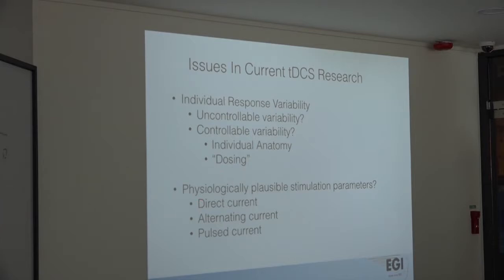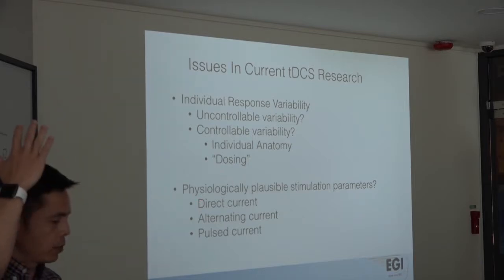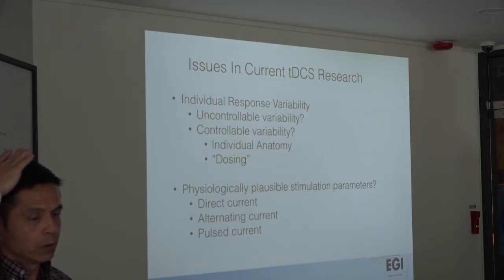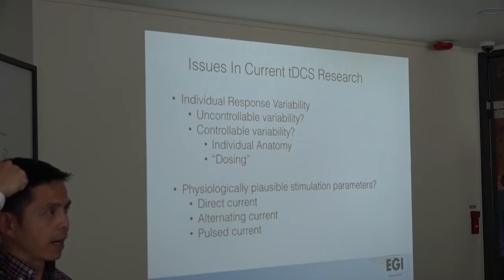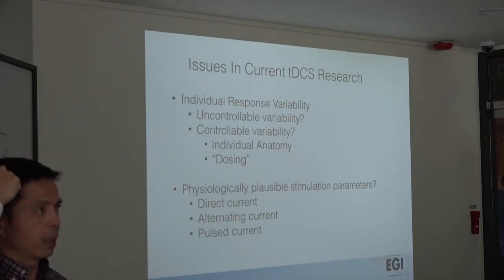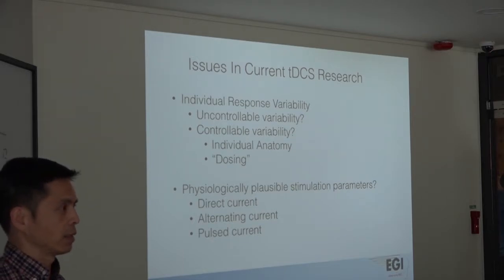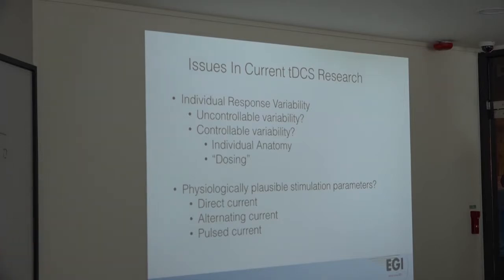The other is dosing. Just because you say you pass 1 milliamp of current through, doesn't mean that when it hits that hand area, it's the same amount of current for everybody. You just don't know. But you can control all these things. Right now, nobody knows. Okay? So maybe that's a reason.